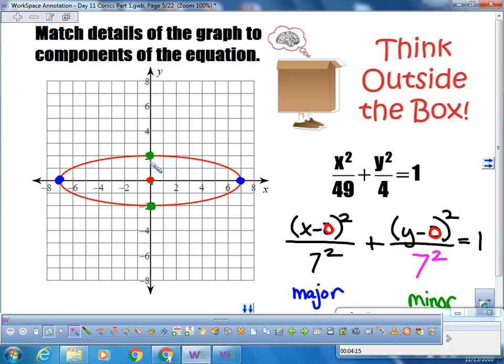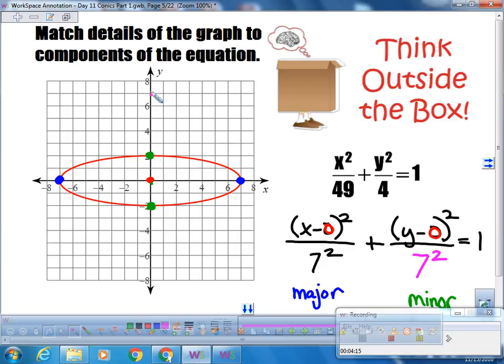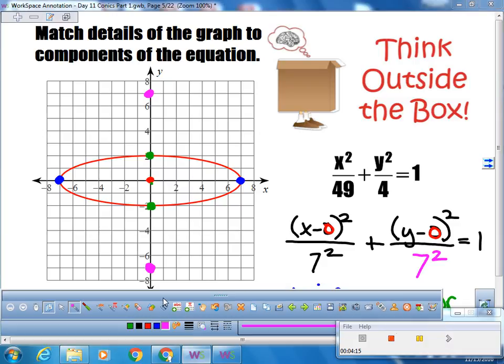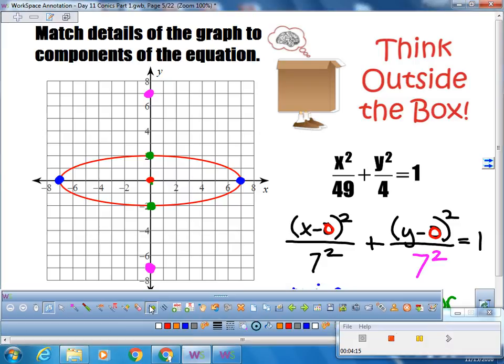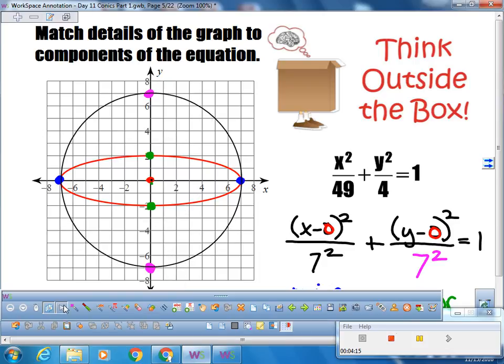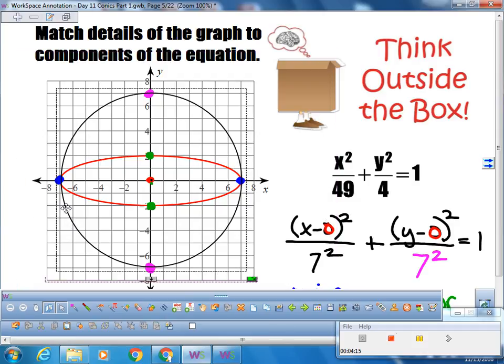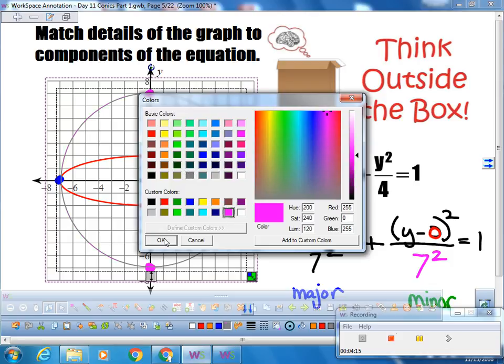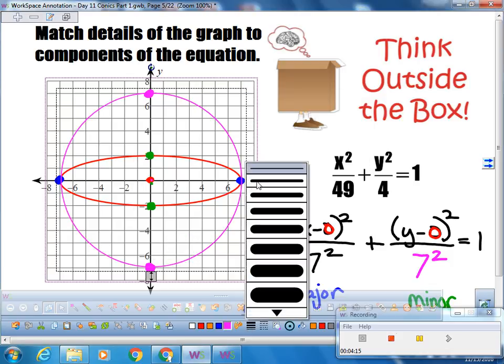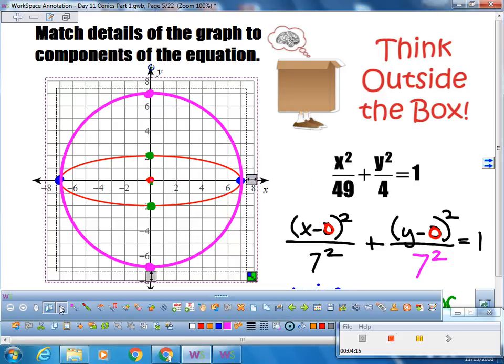It would be out 1, 2, 3, 4, 5, 6, 7, like this. It'd be a perfect circle. And, which you guys learned yesterday, it would become a circle.